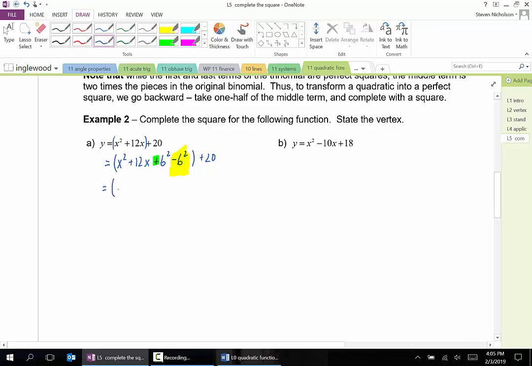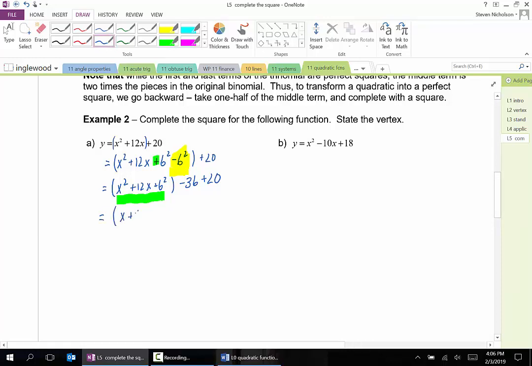And when we do pull that out, we end up with x squared plus 12x plus 6 squared. And when we pull the negative 6 squared out, I'm actually going to square it, so we get negative 36. And now what we have right here is a perfect square. 36 is a perfect square, and x squared is a perfect square, and we have the pattern as above.